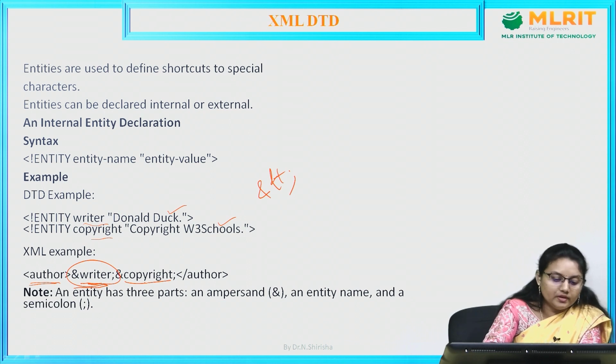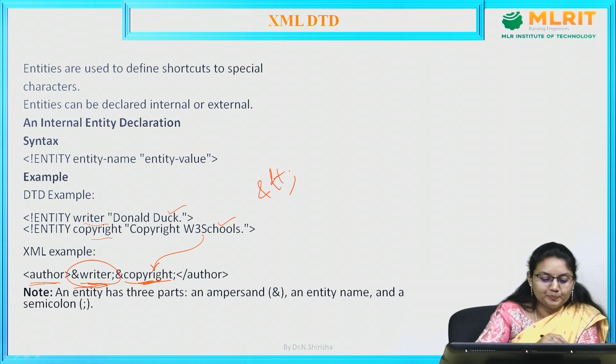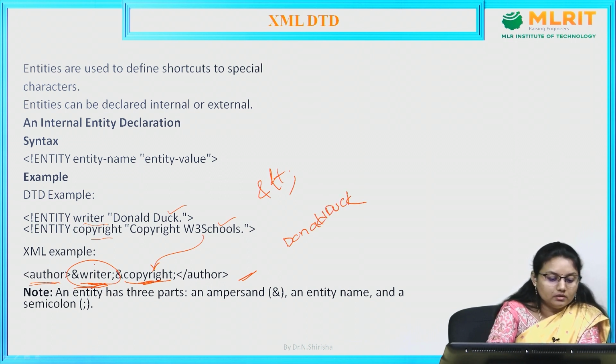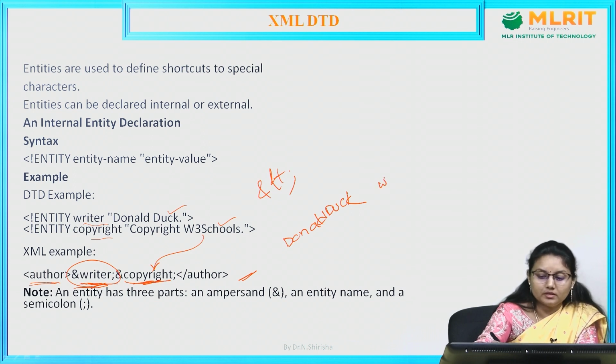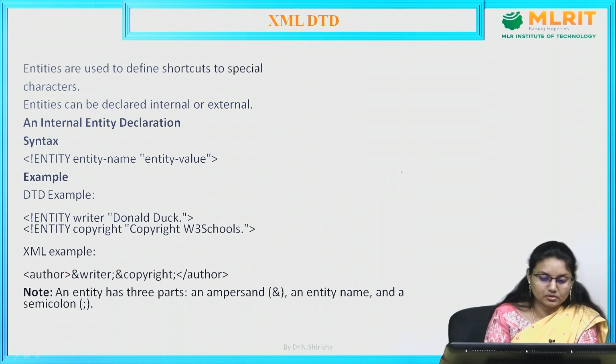So when you are giving a copyright, which name will be displayed? Its value will be displayed. The output for this will be what? Donald, because writer who? Donald Duck. Then what is to be displayed? Copyright. What is a copyright? W3 Schools. So this is how it will be parsing the entity values. Okay.